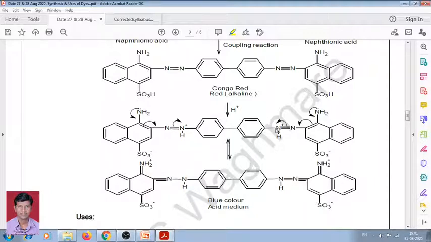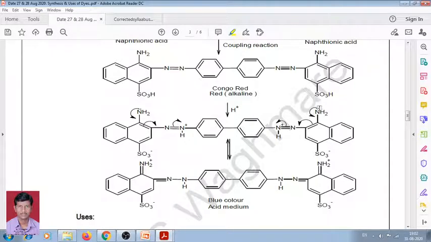Okay, and to stabilize this positive charge, the double bond between this nitrogen and this nitrogen is used for the stabilization of the positive charge present on this nitrogen atom, because the driving force for the stabilization of positive charge on this nitrogen atom comes from this amino functional group.